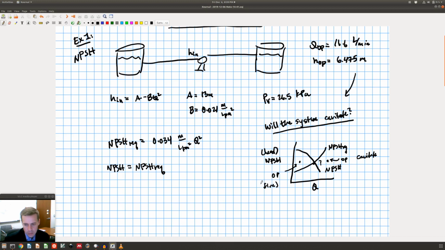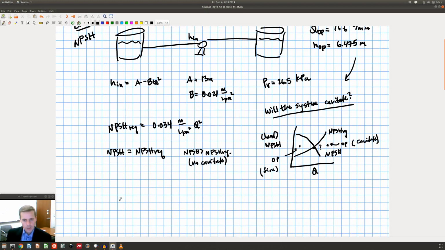This one won't cavitate. So that's what I'm asking. Remember that we need the net positive suction head to be greater than the NPSH required in order to have no cavitation, in order to be able to operate the way we want. That's what we need to check.